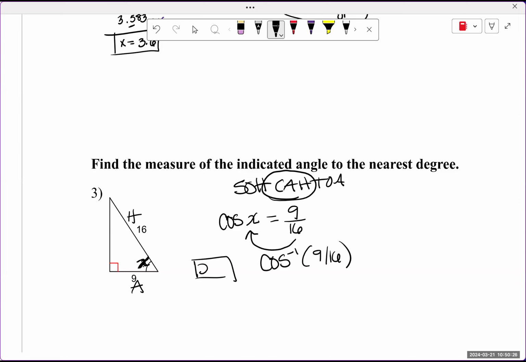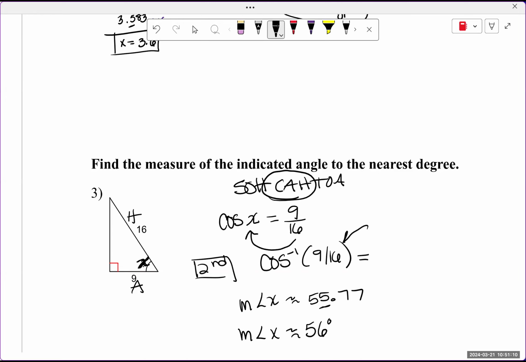Second cosine, cosine inverse of 9 divided by 16 equals. The measure of angle X is approximately 55.77. Rounded to the nearest degree, the measure of angle X is approximately 56 degrees.